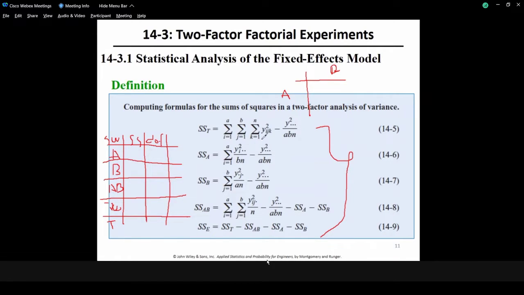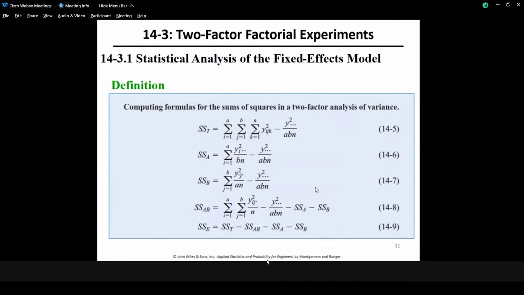Square the observations, then square the total and divide by the total number of observations. You must write this formula for your test one. Otherwise, how to remember all this big formula, right? You must write all in the cheat sheet.